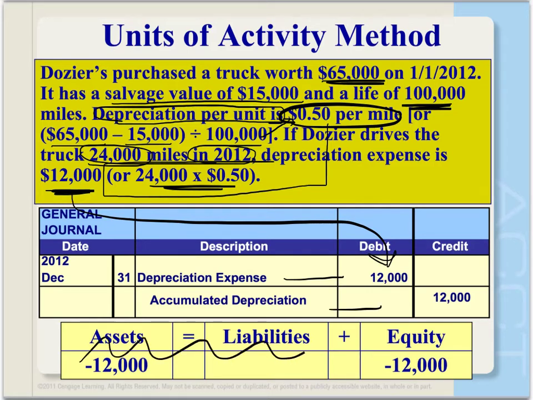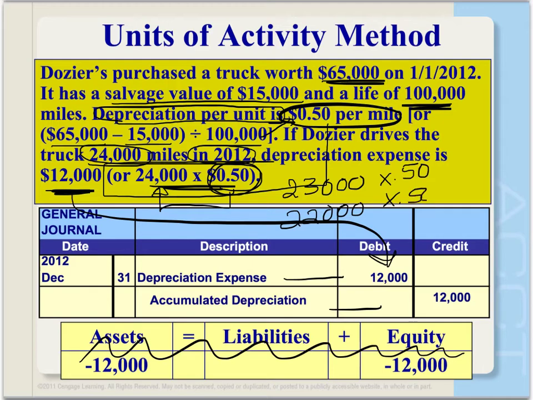This is just showing you what it did to the accounting equation, which by now I know you have mastered. When we take a look at this units of activity method, once we come up with the annual rate, each year we're going to multiply it times the actual usage. So if in the next year we drove 23,000, we would multiply it by 23,000. If the following year we drove 22,000, then we would do the 50 cents times each of those.